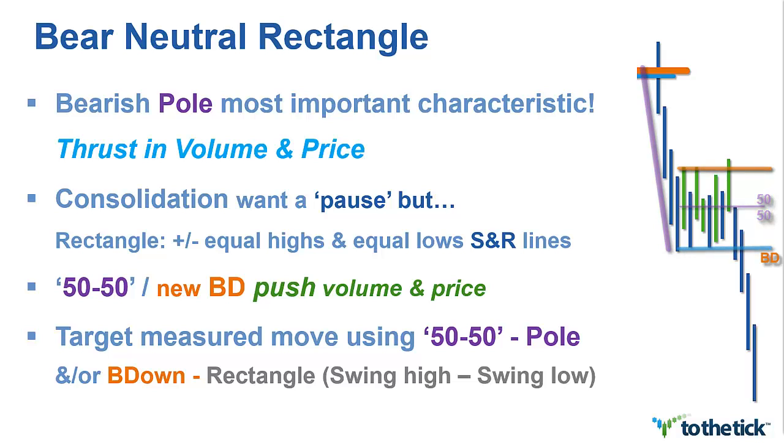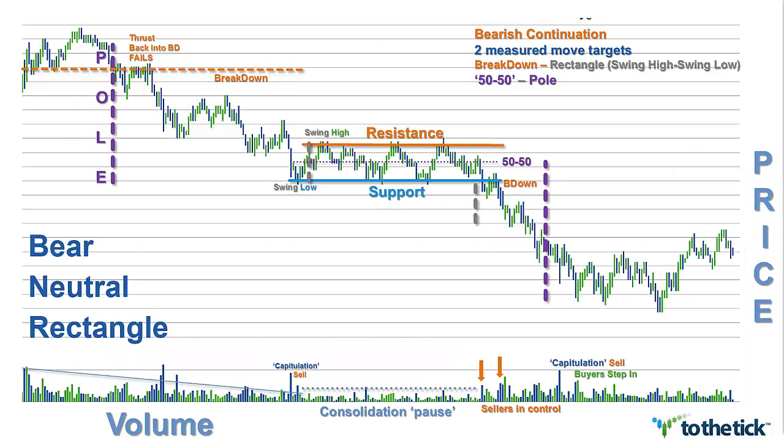Use your rectangle pattern. Now on our website at tothetick.com, I always try to offer you some screenshots, the text, and these videos all put together for you. And you'll notice this is a real pretty pattern. We had a breakdown in the top. There's the pole measurement. The pole measurement gave us this really nice neutral rectangle, and it's a neutral rectangle with a bearish pole in your background.